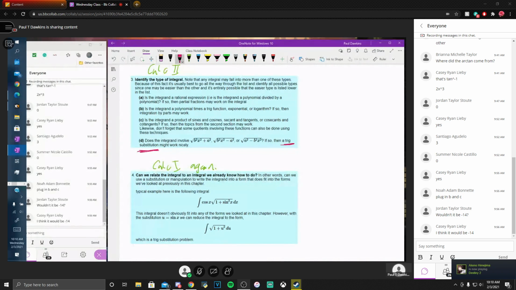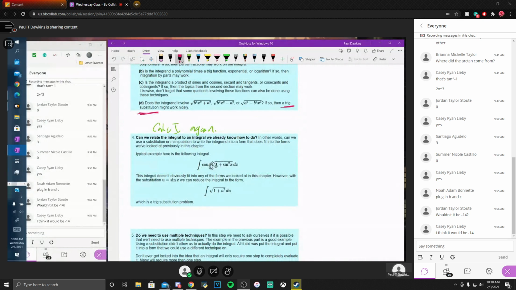For this case right here, I see a root. I see something squared underneath the root. That again is a flashing red light that says trig sub potentially. But I don't want to do a trig sub looking like this, because it's not an obvious trig sub.